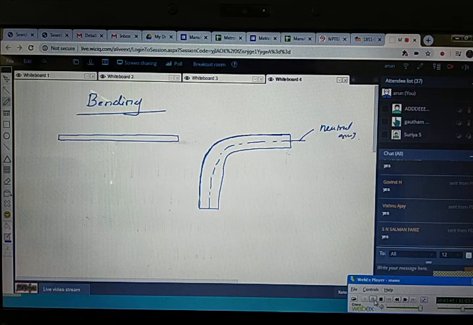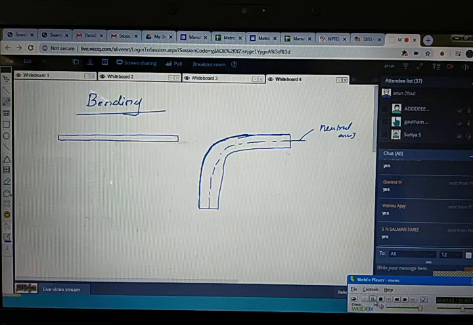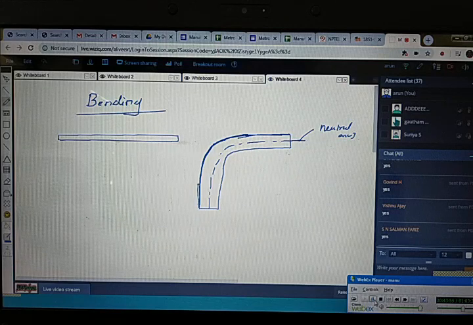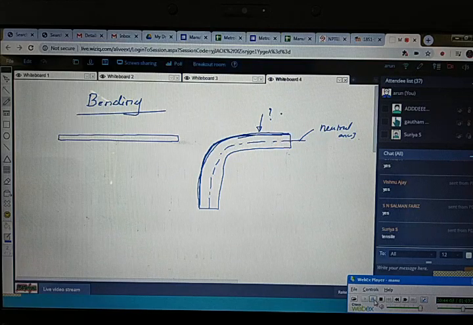The region above the neutral axis is subjected to what kind of force? It is subjected to tensile force, right? It is subjected to tension, because the change in length is higher there, that is, there is an increase in length.